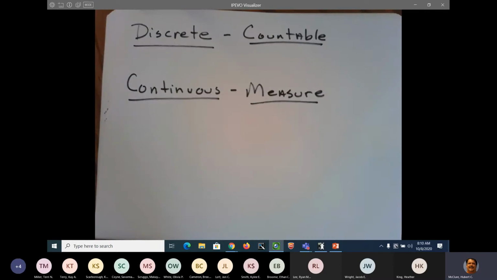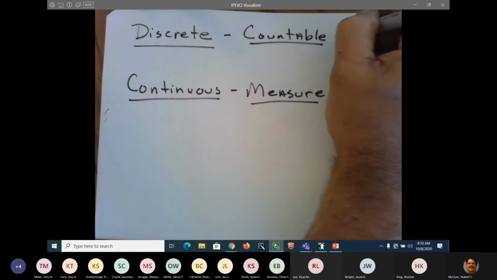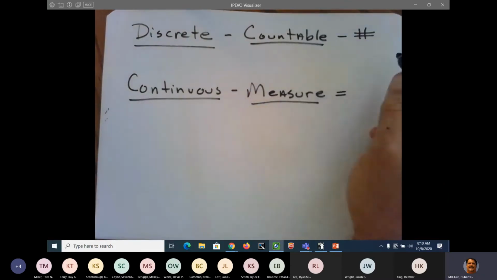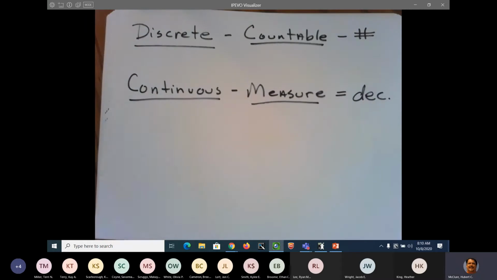So with discrete probability, we're going to be talking about numbers. With measurable, we'll be talking about probability that's measured in decimals, that's not repeating, sorry. Okay, so I just wanted to go over that right quick that we did back in chapter 1 and 2, so you don't forget.